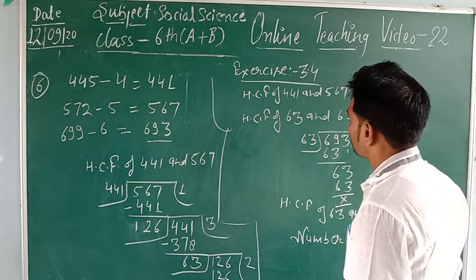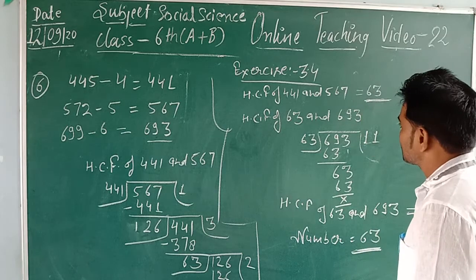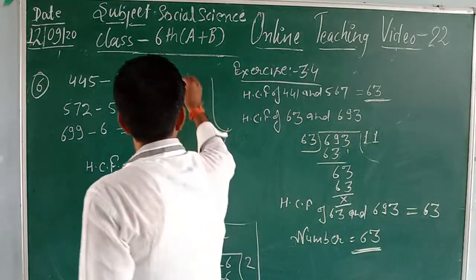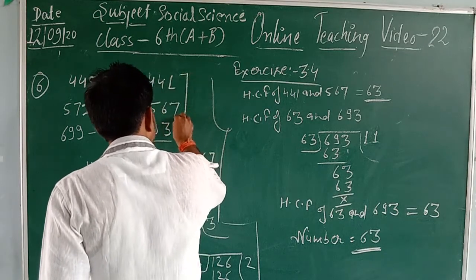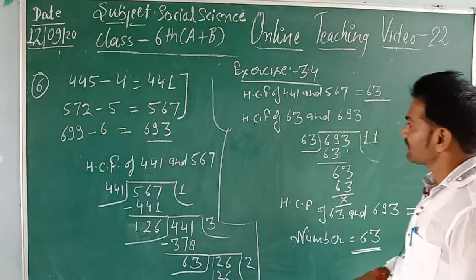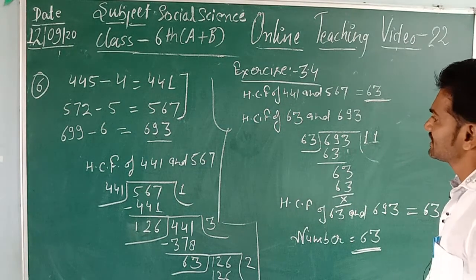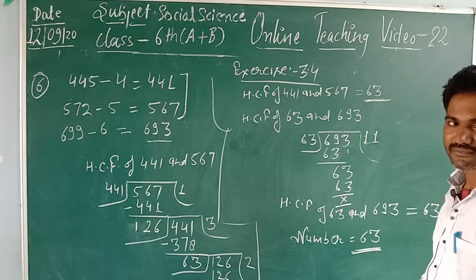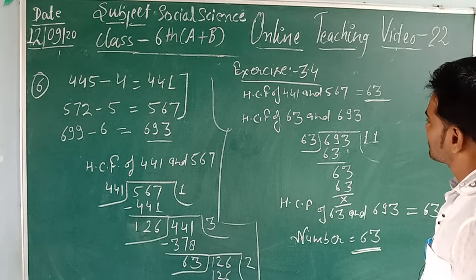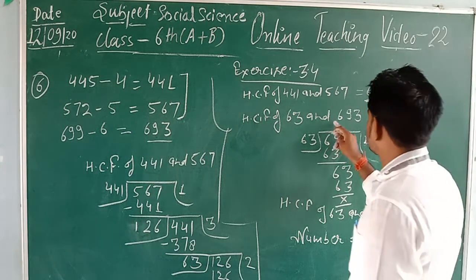Now 63 is the HCF of only two numbers, 441 and 567. There is a remaining number, 693, so we take the HCF of 63 and 693.